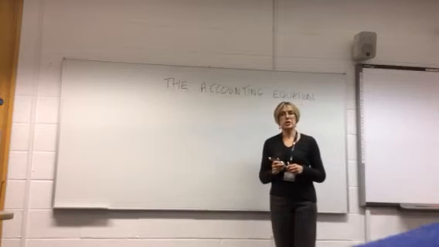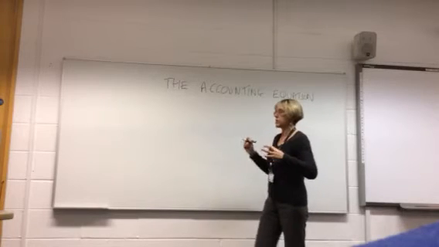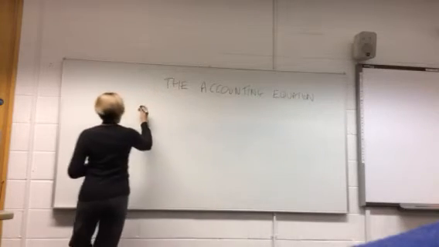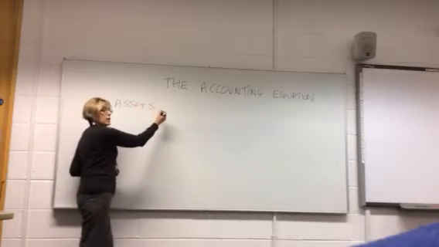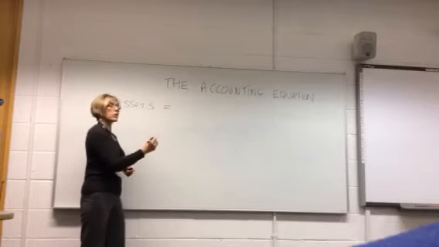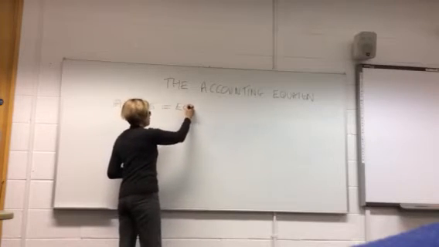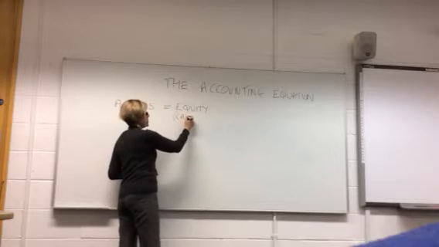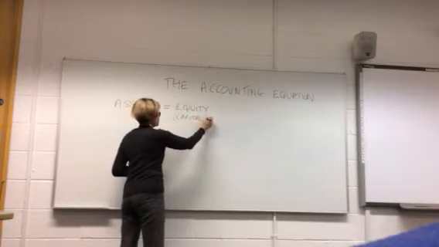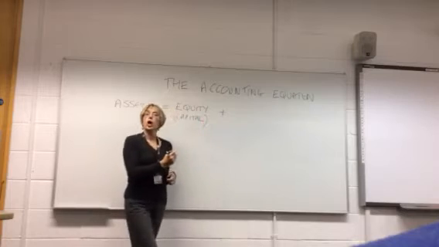Now, the accounting equation is normally written like this. Assets equals equity, also known as capital, plus liabilities.